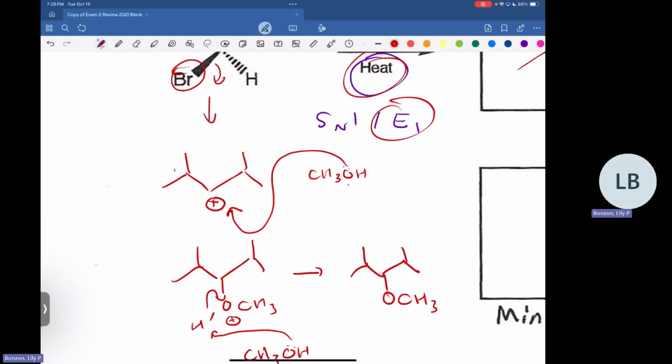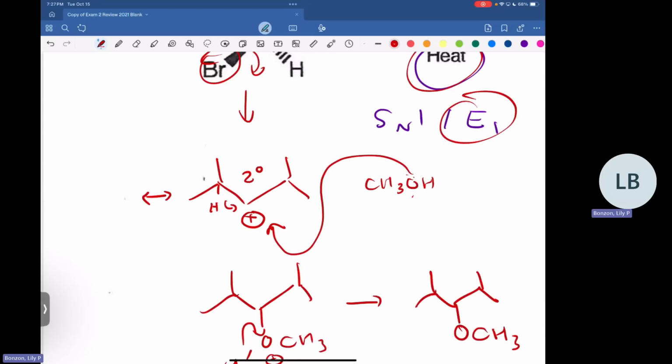One important thing that you need to know is that if you have a carbocation and it can rearrange, it will. So we have a secondary carbocation here. And remember that we can do hydride shifts, methyl shifts, all that fun stuff. So if we can form a more stable carbocation, the compound will do that. So what we can do here is a hydride shift.